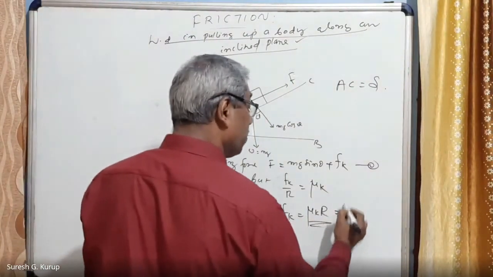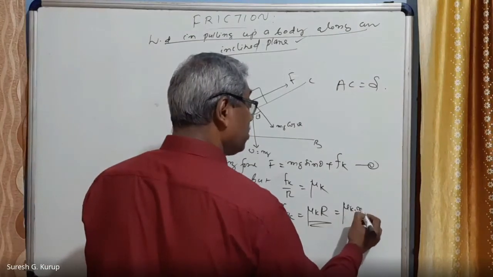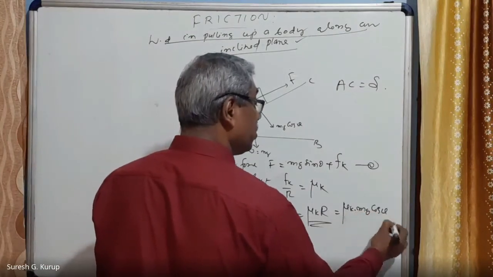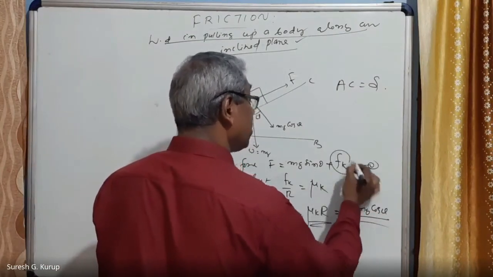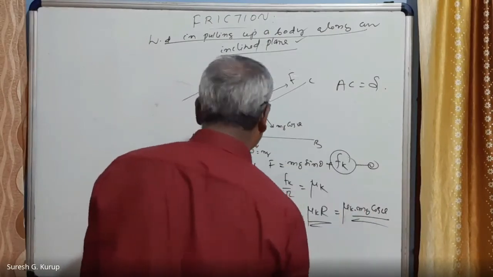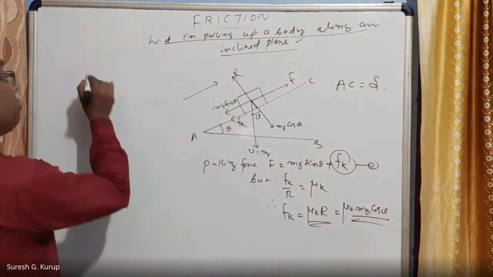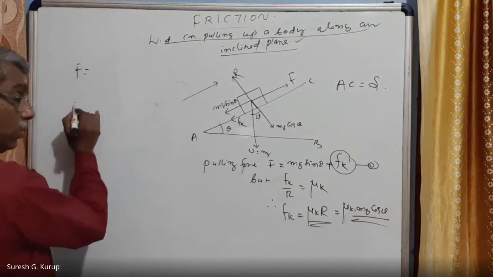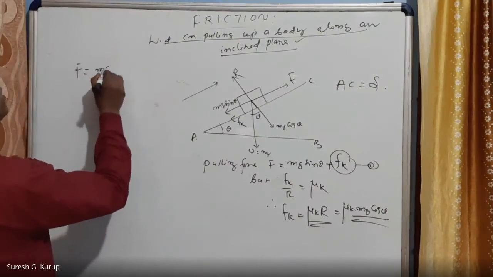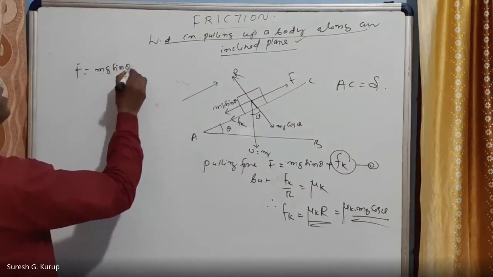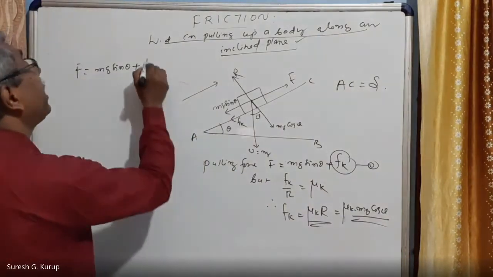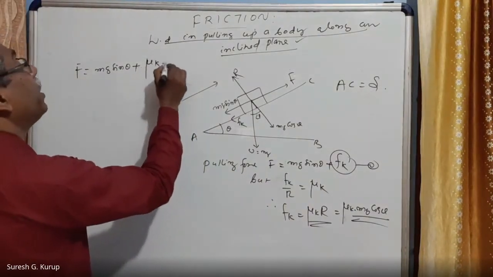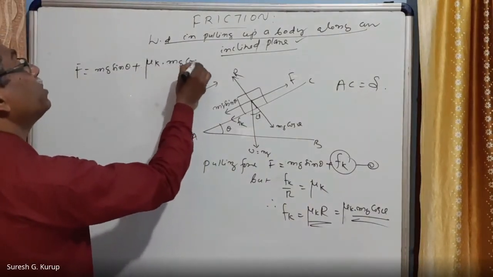That is equal to mu k into what? mg cos theta also we can write. So in place of Fk, we will write this value. Therefore, net force F is equal to what? mg sin theta plus mu k into mg cos theta we can write.